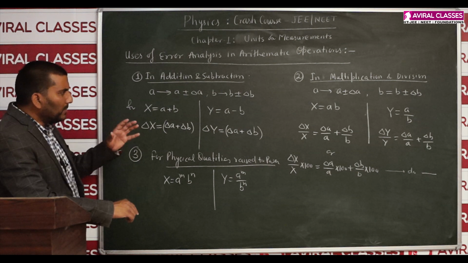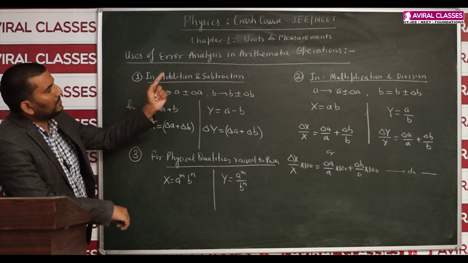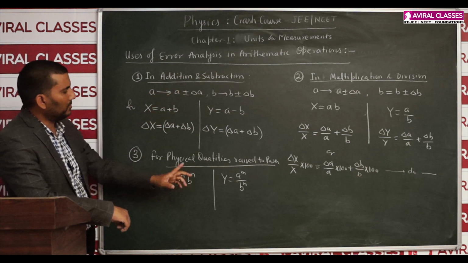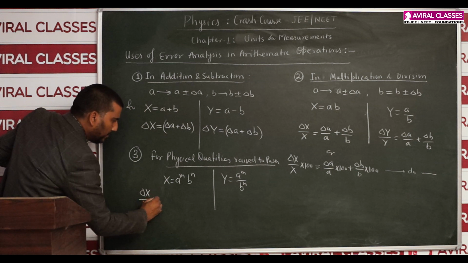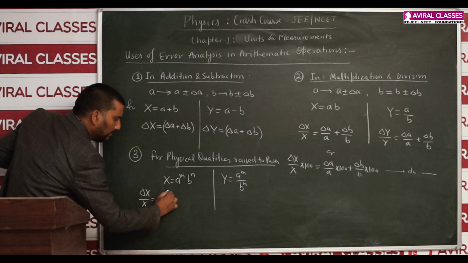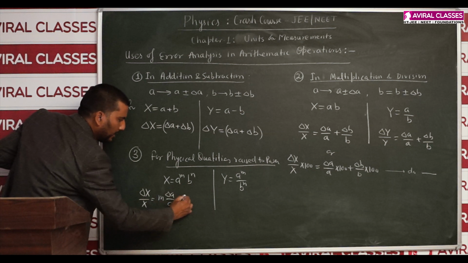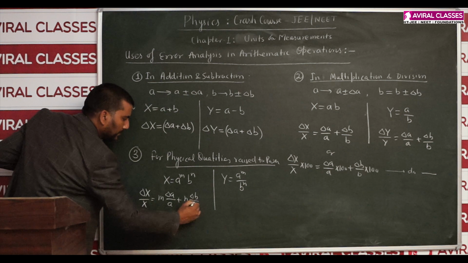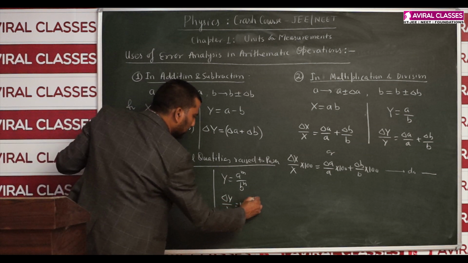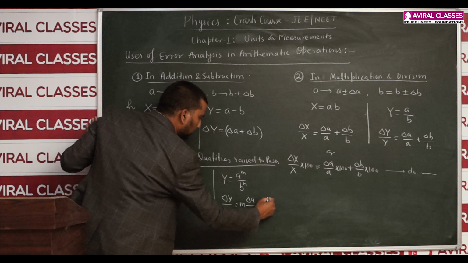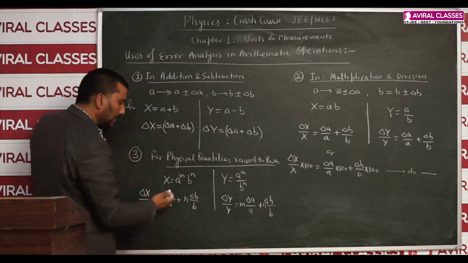Here also the rules are almost the same as for multiplication and division. According to this, the relative or percentage error of the final quantity is the sum of the power times the relative or percentage error in the individual quantities. Here also, and similarly for percentage.